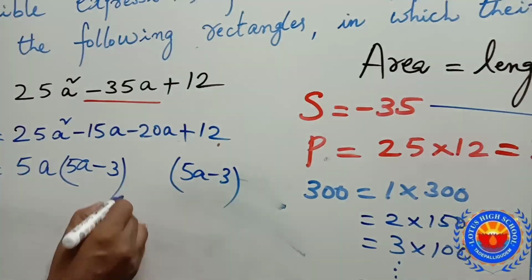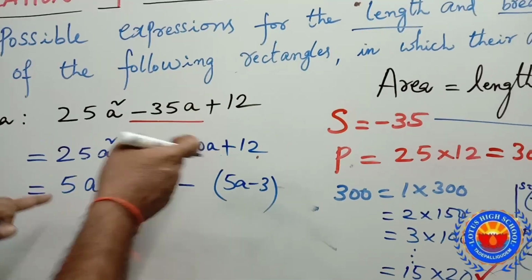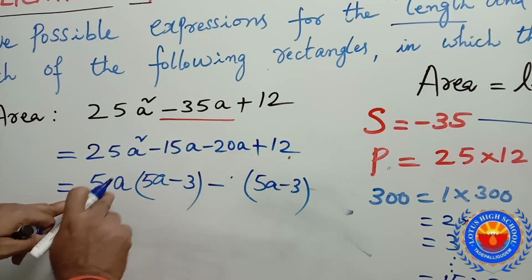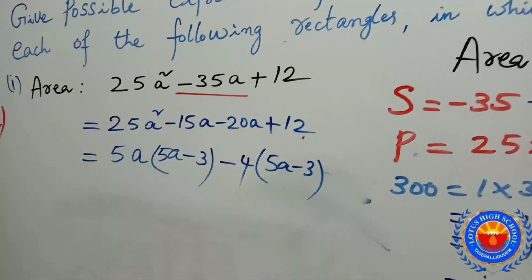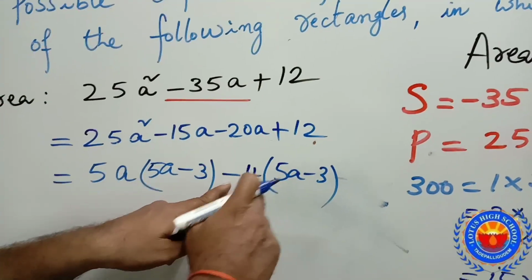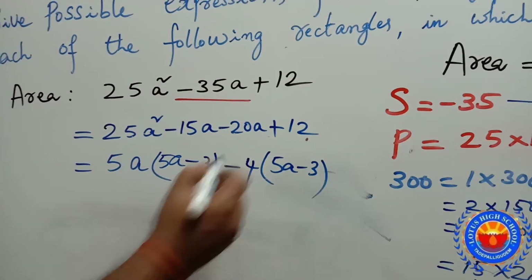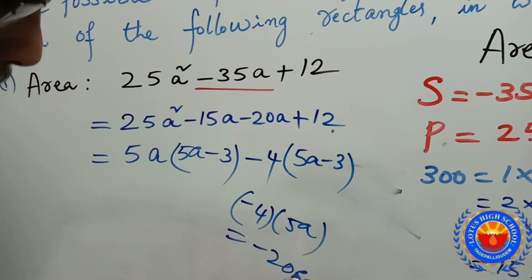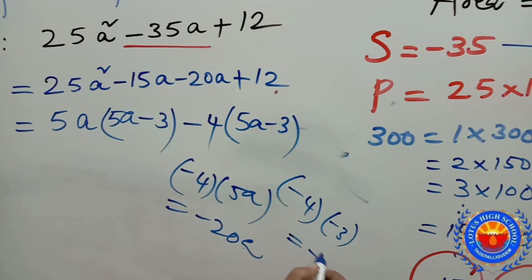Minus 20 here, minus 4 I am taking. Multiply it: minus 4 into 5a is minus 20a. Next, minus 4 into minus 3 is plus 12.